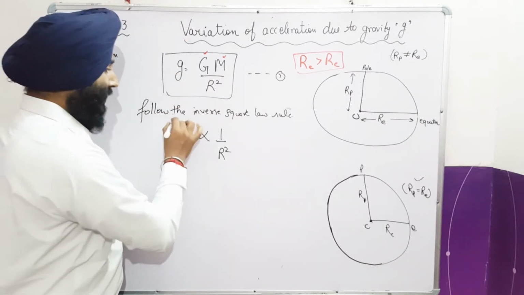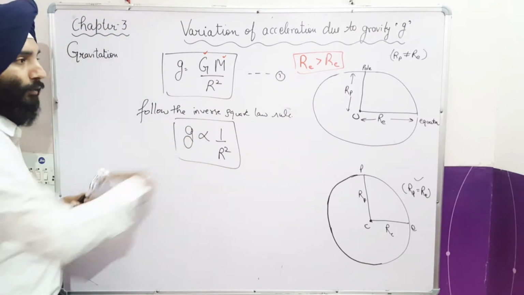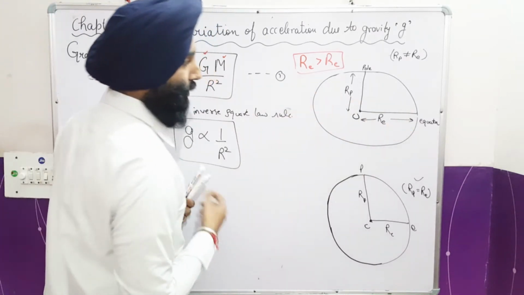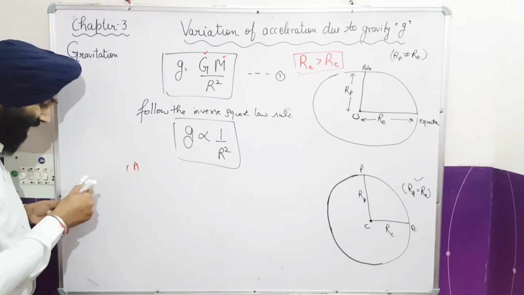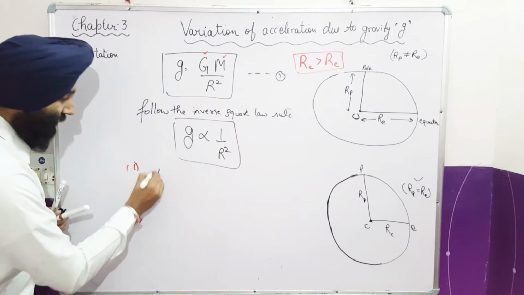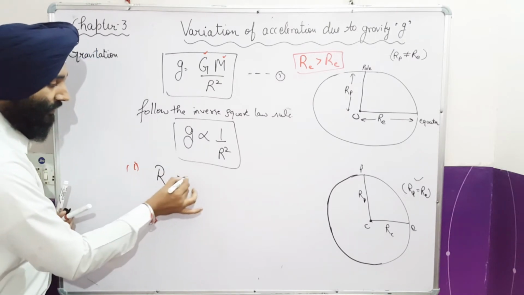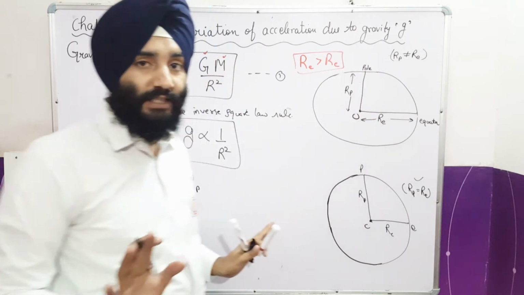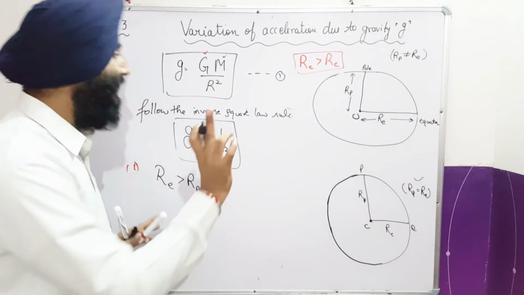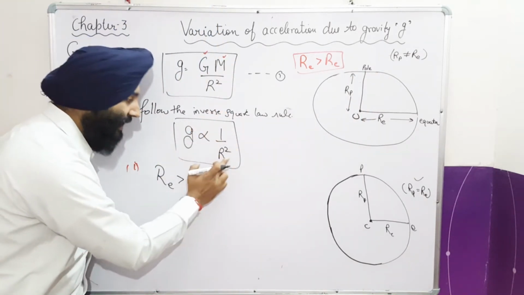See here. If I talk about the equator radius and pole radius, the radius of the equator is greater than the radius of the pole. So the radius of the equator is bigger than the pole. What does the inverse square law say, children? That gravity is 1 upon r square.